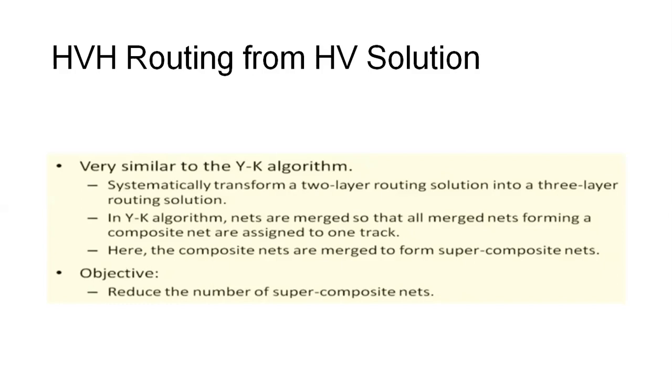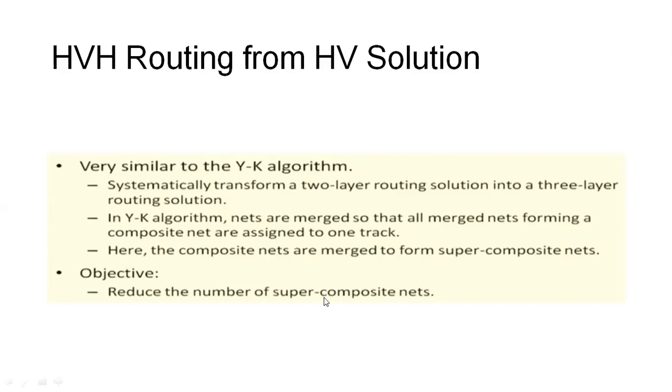Now, among these 5 composite nets, we can merge 2 of them together, remembering that we have an additional horizontal layer with us. So, do we have 2 composite nets which we can possibly place on this M1 and M3 in the same location, same track position? That will of course reduce our total channel height, and that is what we are looking at. So, we are basically trying to reduce the channel height.